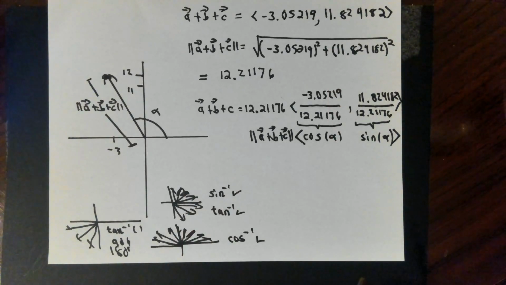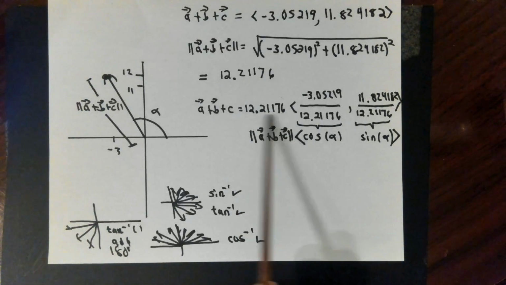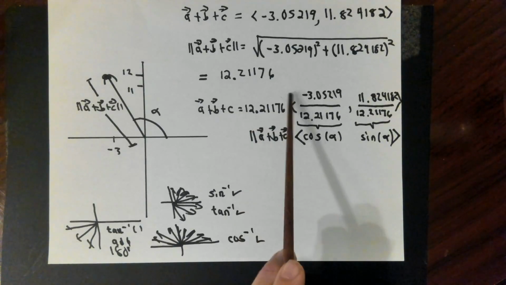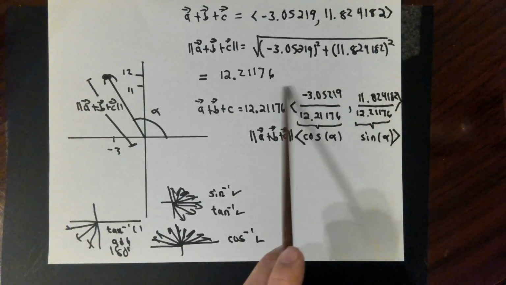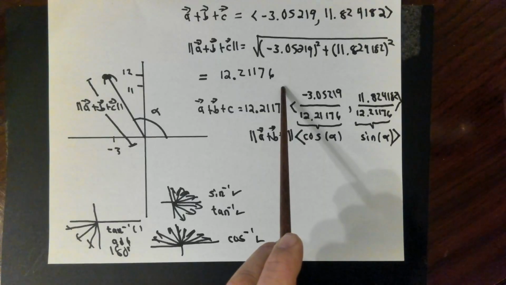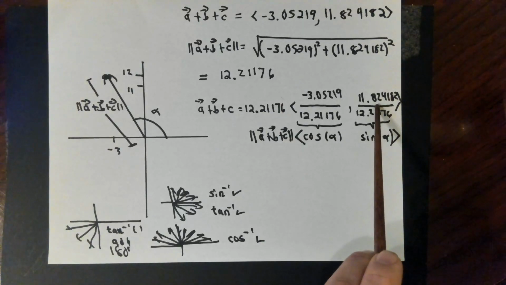Because of the way we figured out that lengths and angles can be determined, since the 12 number is the length of a plus b plus c, the rest of it must be the cosine sine vector for a plus b plus c. Sine of alpha is that number.